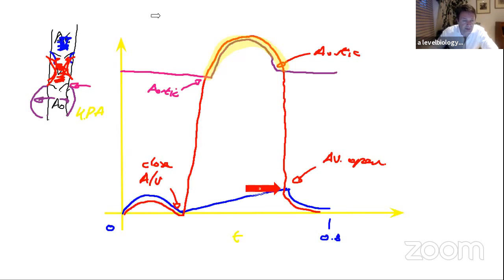And I see I've got a question. Why is the atria contracting at the start and not after 0.8 of a second? So Mo, it is contracting after 0.8 of a second. This is one heartbeat. So this is atria contracting and then filling with blood and then contracting again.